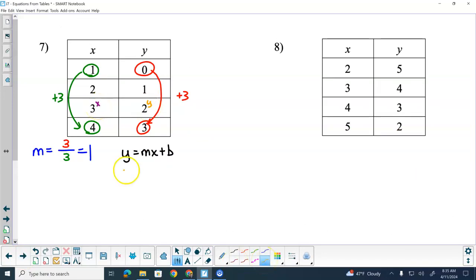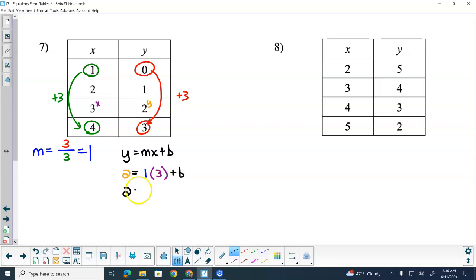We're going to have 2 equals. By the by, does it matter which point I choose in my table? No, all of them are going to work. So you might not have chosen the exact same point that I have, but in the end, we're always going to get the same b, no matter which point we choose.